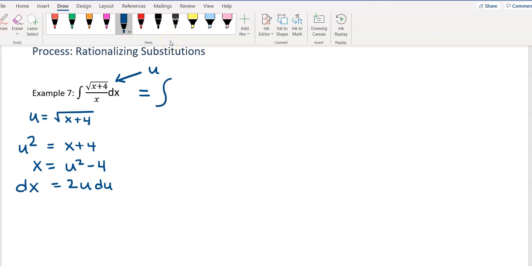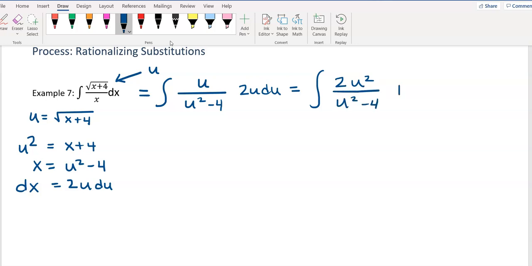So when we rewrite it, the numerator is going to be our u, because that's what we set equal to u. Our denominator is going to be what we have x equal to, which is u squared minus 4. And our dx is 2u du. So we need to simplify that a little bit, and that's going to become 2u squared over u squared minus 4 du.